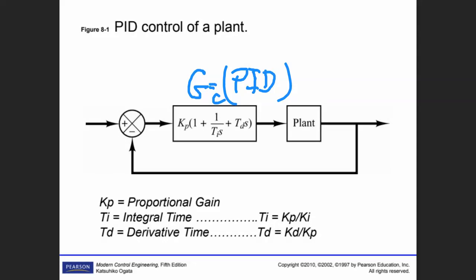Although the plant is given small here, it has all the system equations and also the actuator, if there is any. Mainly there are actuators: it could be a heating system, a cooling system, position control of a robot arm, or speed control of an electric vehicle.